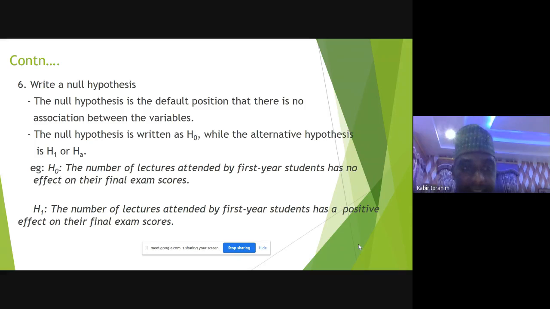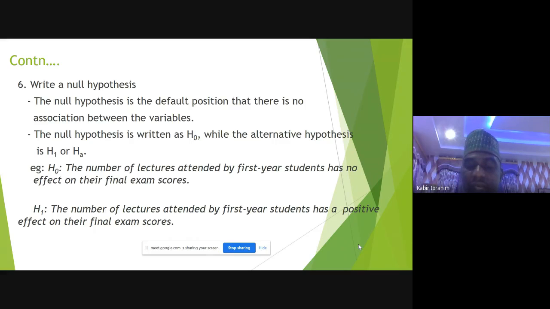Right, number 6, write a null hypothesis. A null hypothesis is the default position that there is no association between the variables. So when stating your hypothesis, you can write the null hypothesis to show no association between the 2 variables, and you can write an alternative hypothesis.